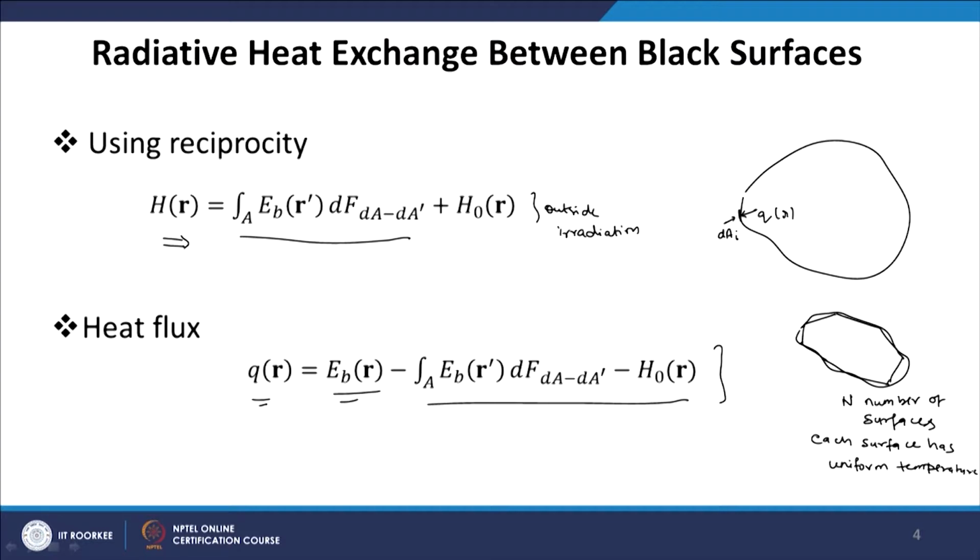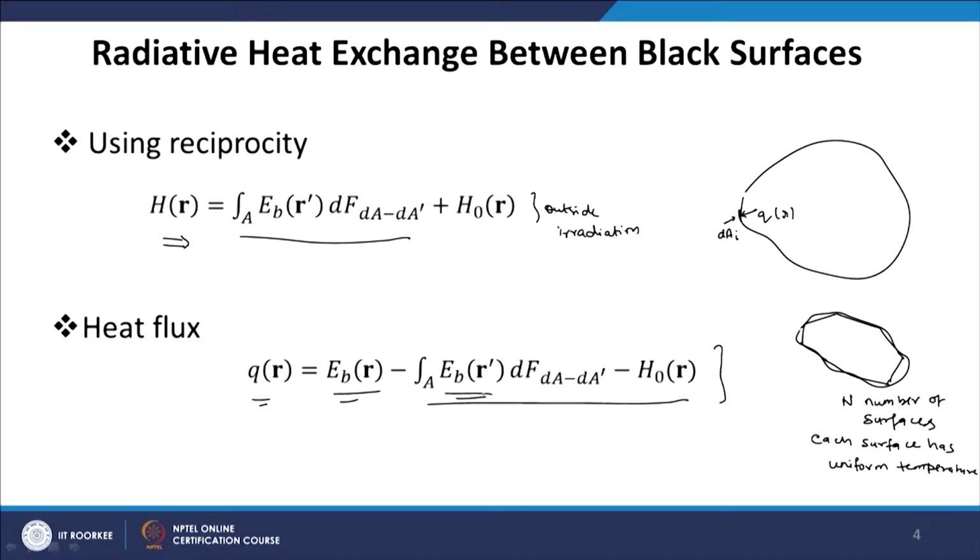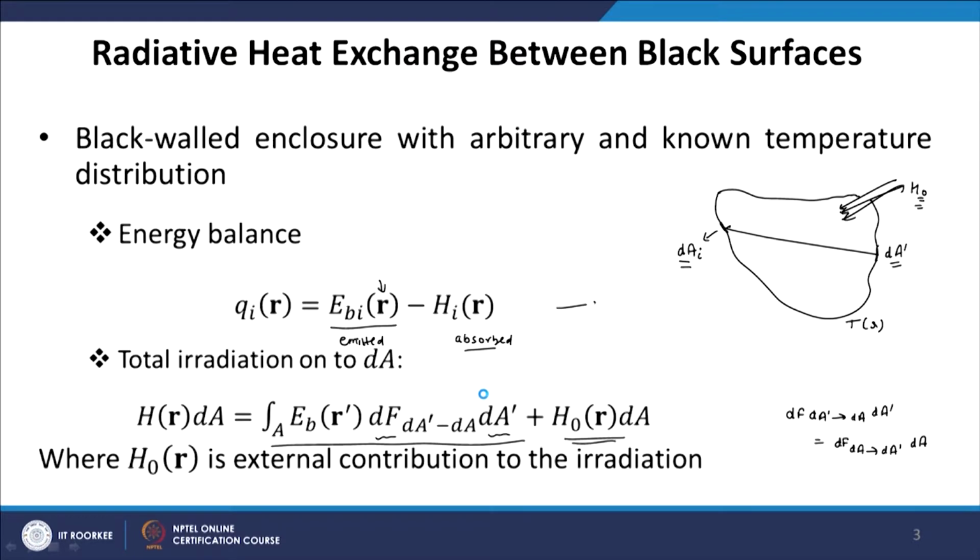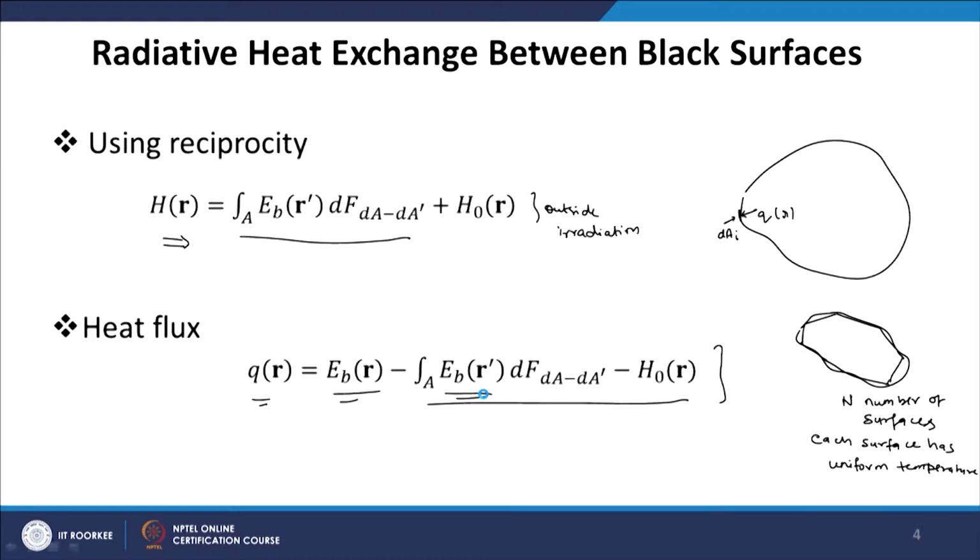From one surface to another the temperature may change, but on a particular surface the temperature is constant or uniform. So, by doing this, the EB term can be taken out of the integration. Now, the temperature is uniform on a surface, so it does not depend on the area of that particular surface. So, it can be pulled out of the integral.